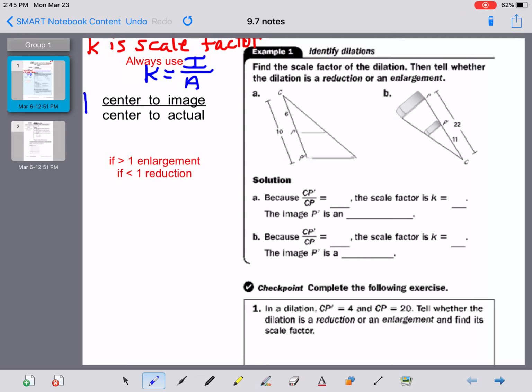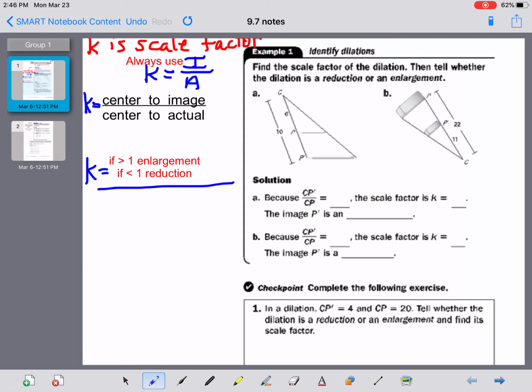Sometimes we need to use this method right here where we find the distance from the center of dilation to the image and the distance from the center of dilation to the actual image, and that will give us the same scale factor as a length that came from the image or a length that came from the actual. Also, if you recall from 6.7, if k is greater than 1, then you have an enlargement. If your scale factor k is smaller than 1, you have a reduction.